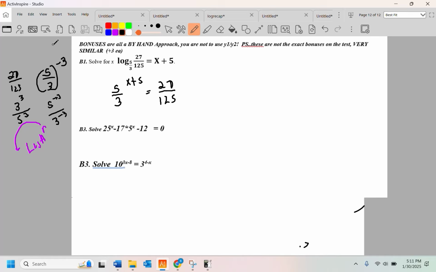And that's why that exponent's up there. So what I'm doing is I'm making the bases match. And I'm really demonstrating an understanding of exponential rules. So I'm really getting on up there as far as comprehension and just being able to do some higher level things. Now, because the bases match, x plus 5 must equal a negative 3.